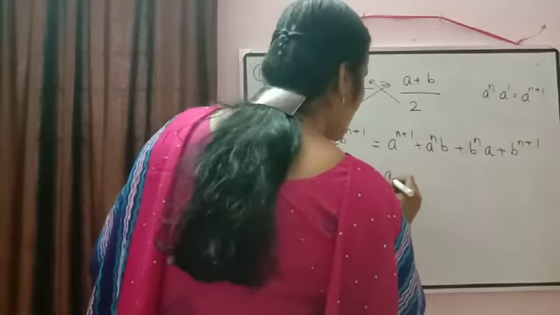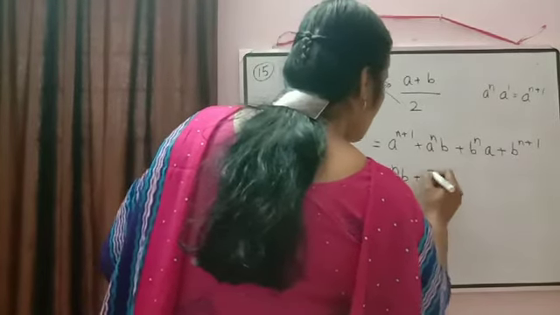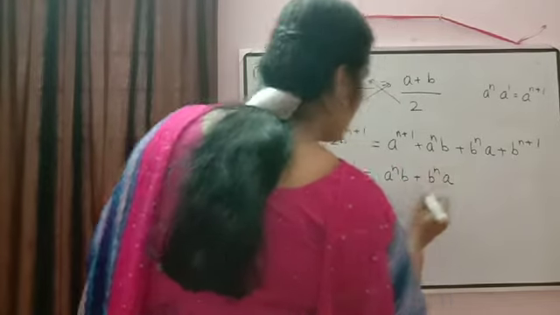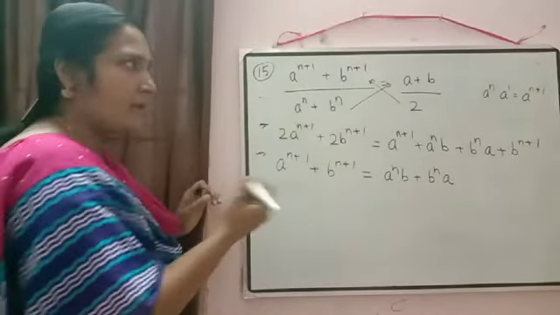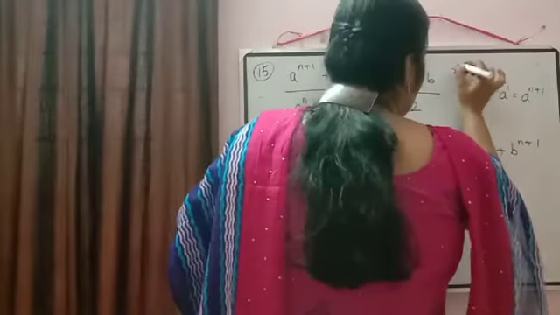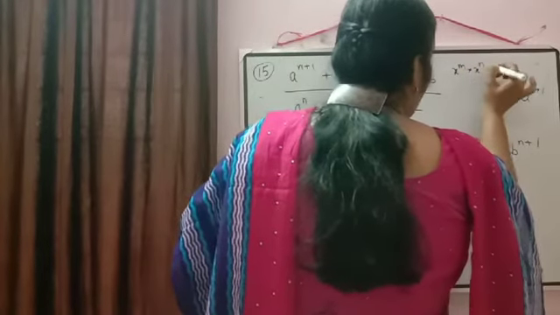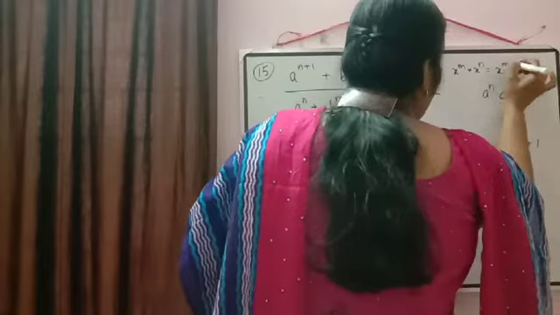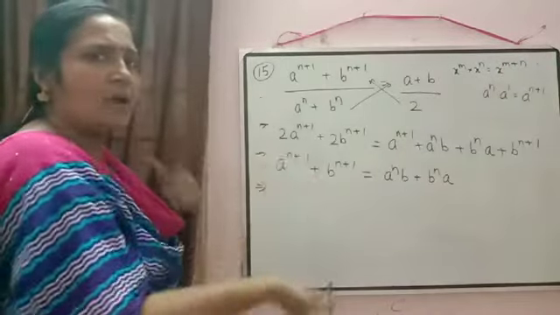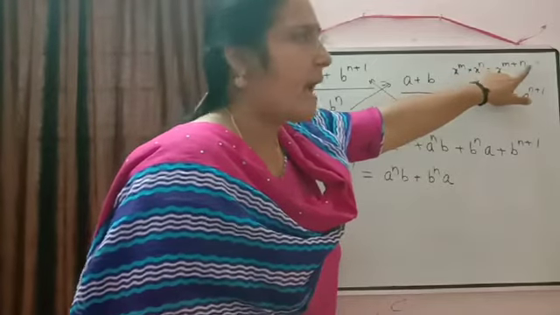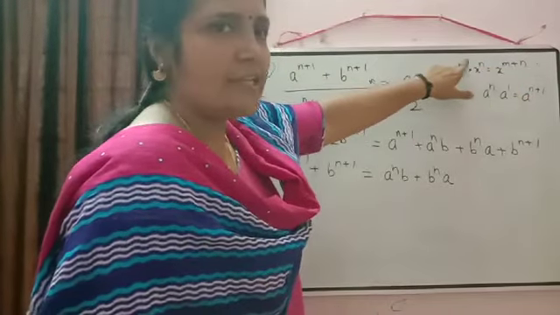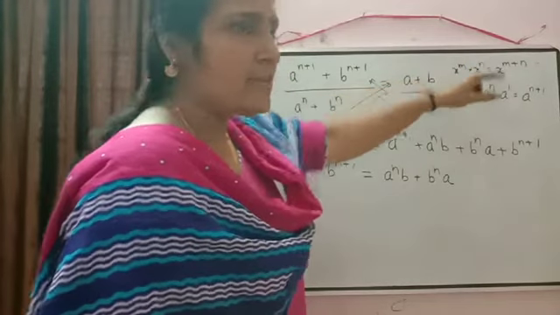Now here what we have? A raised to n into b plus b raised to n into a. Now we can check how we can split it there. We know x raised to m into x raised to n can be written as x raised to m plus n. So in the same way, the converse also we can write: x raised to m plus n can be written as x raised to m into x raised to n.